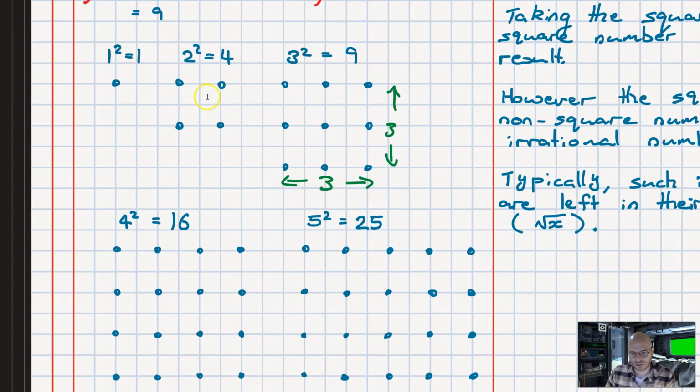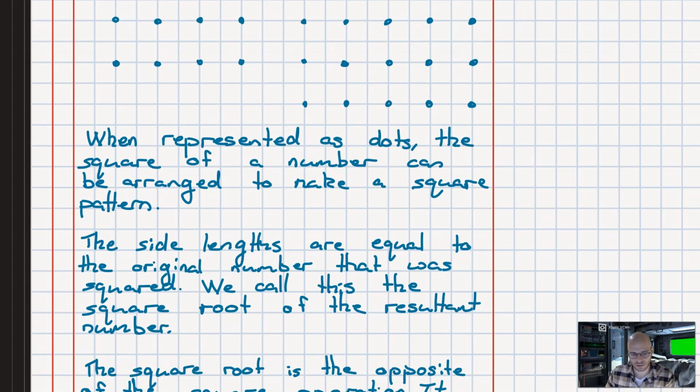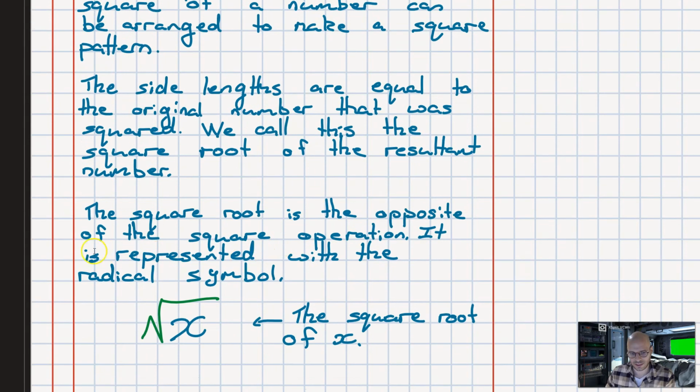The numbers that can be arranged in squares, we call those square numbers, and the resultant number we get by counting the side lengths, we call that the root of our square number. So going down, we can say the square root is the opposite of the square operation. It is represented with the radical symbol, root x. So this green symbol over here.